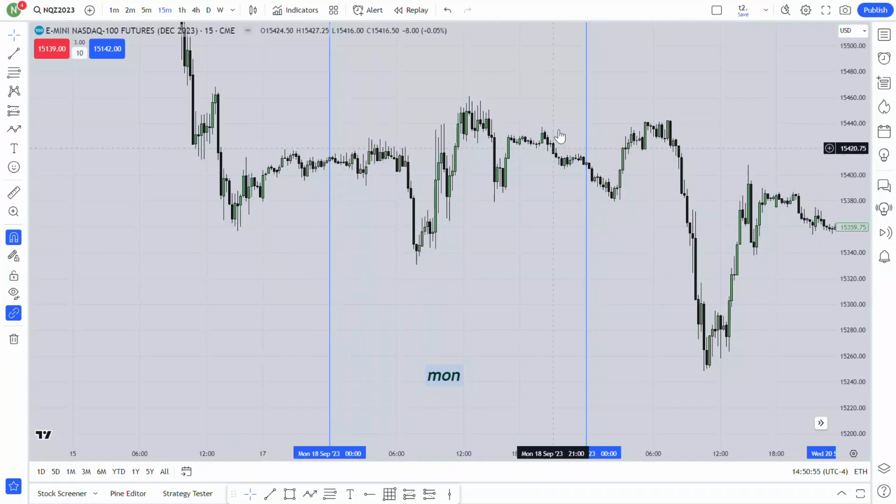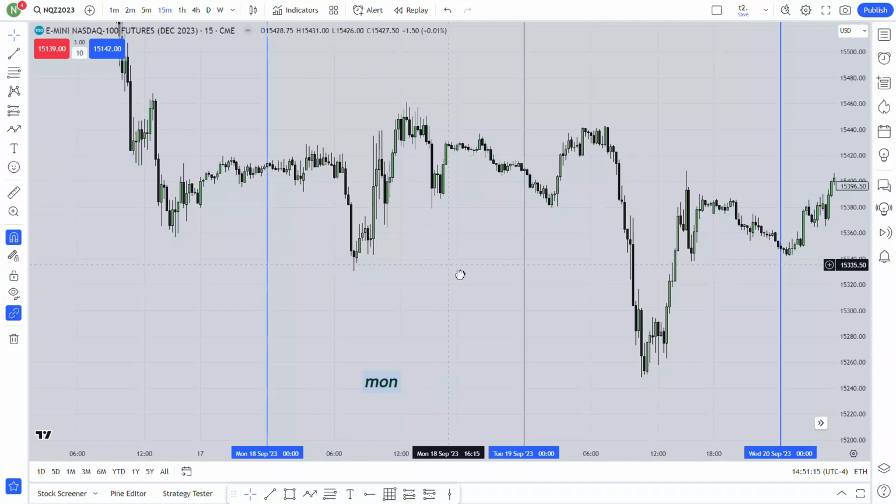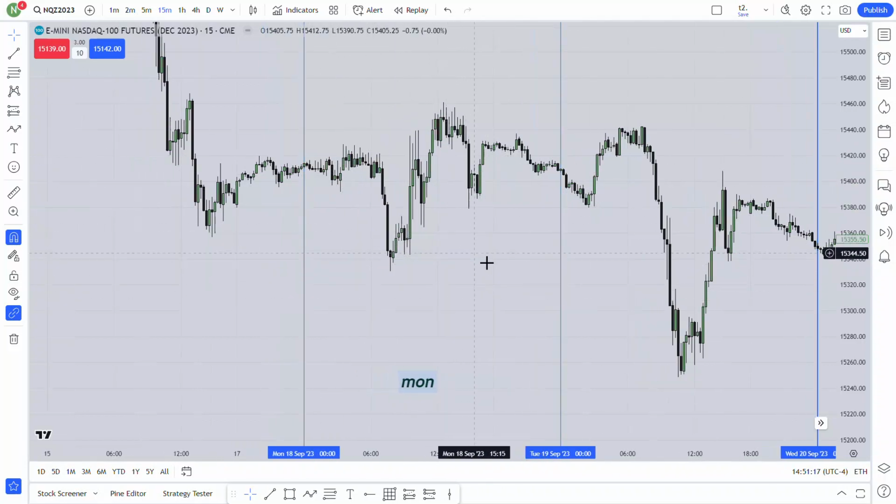If you look at the 15-minute chart over here, it has made this higher high, this lower low. You will expect that the market won't go in one direction. It will try to make some kind of liquidity on Monday. This would be your expectation.